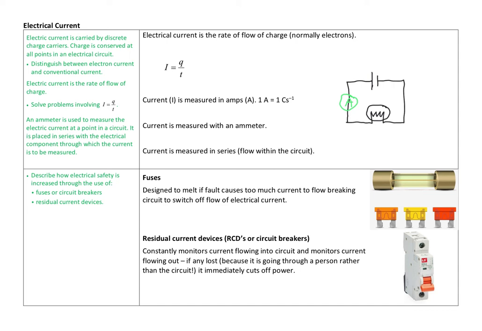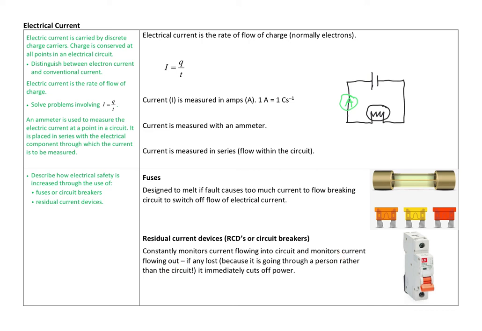The other safety device that's more regularly used now in houses is called a residual current device, or RCD, or you might also call them circuit breakers. What they do is they constantly monitor the current flowing into a circuit, and they monitor the current flowing out.